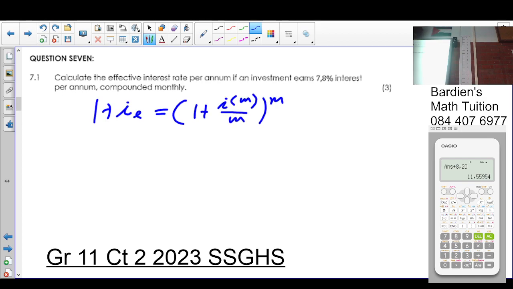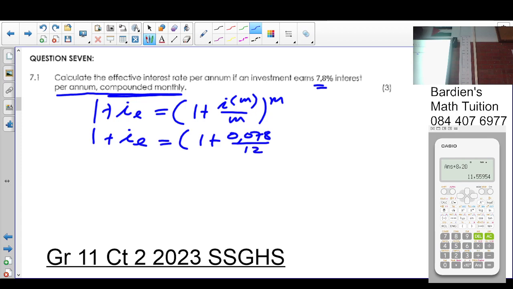Okay. So 7.8% per annum compounded monthly. So that's a nominal interest rate, and I'm calculating the effective. So it's 1 plus 0,078 over 12, to the 12.